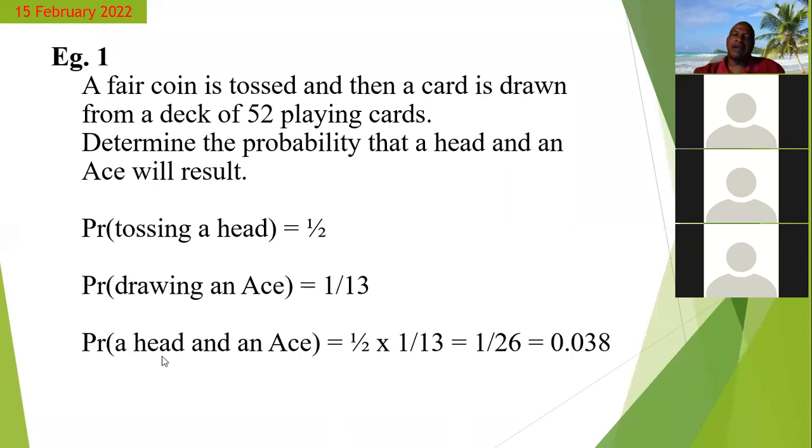So the probability of a head and an ace would be a half times 1/13. So you multiply the two probabilities. Your numerator is 1 times 1, you get 1, 2 times 13, you get 26. So you get 1/26. And if you divide 1 by 26 in decimal, you get 0.038. All right, guys. So that's an example of an independent event.